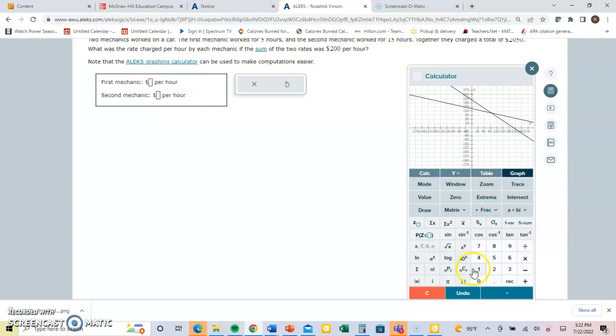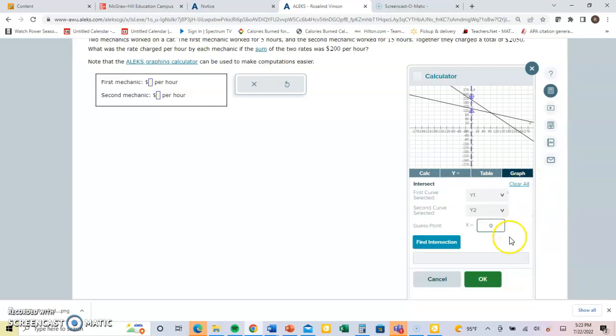We'll then click Intersect and Find Intersection. So from there, if you look, it gives you the answer. X is equal to 95 and Y is equal to 105.